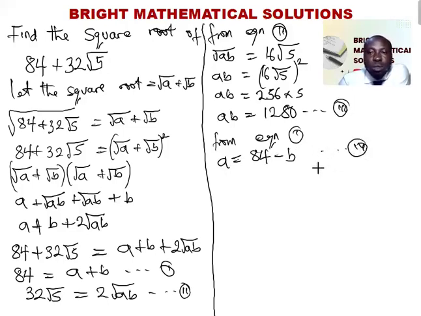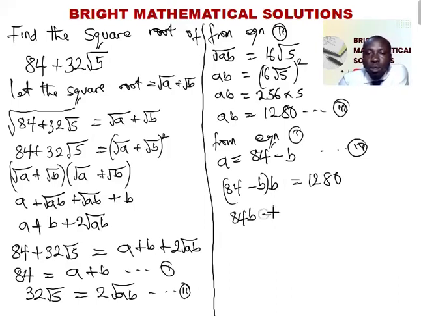Substitute equation 4 in equation 3, such that it now becomes (84 minus B) times B equals 1280. So this becomes 84B minus B squared equals 1280.